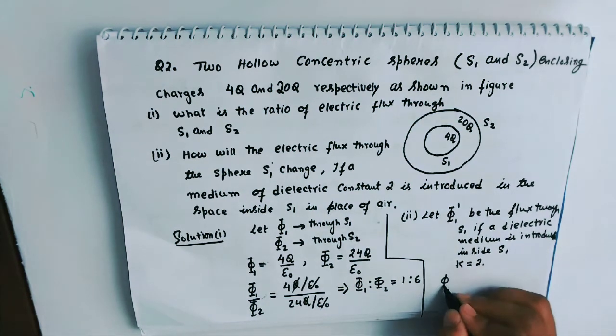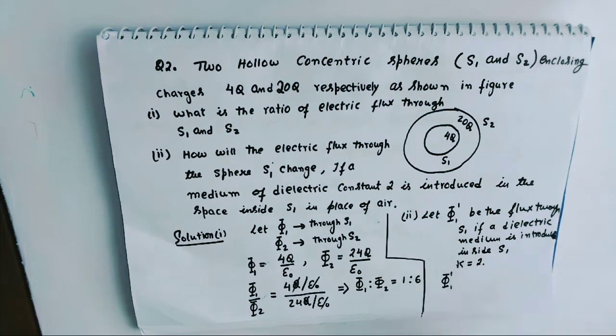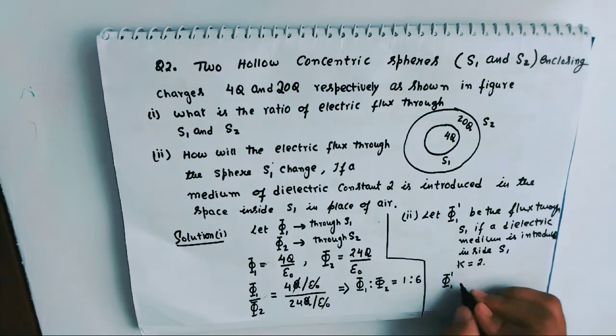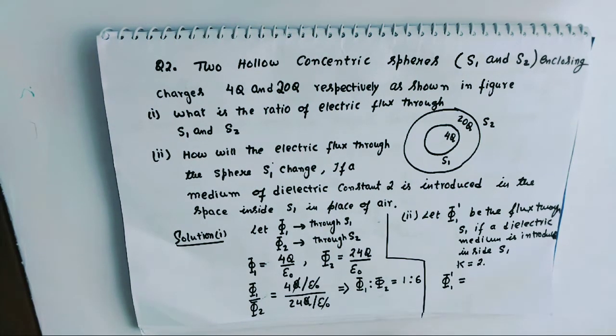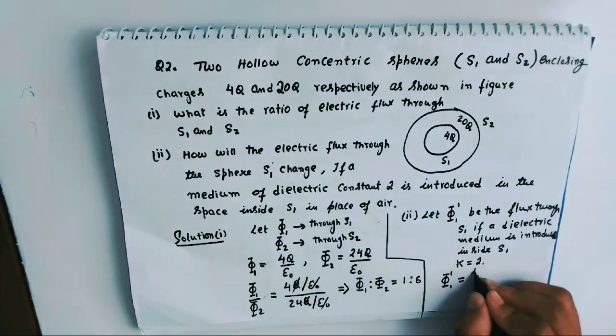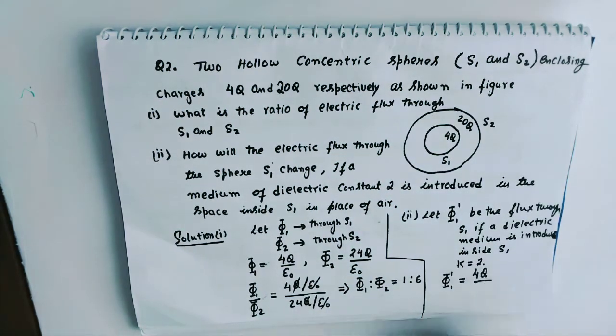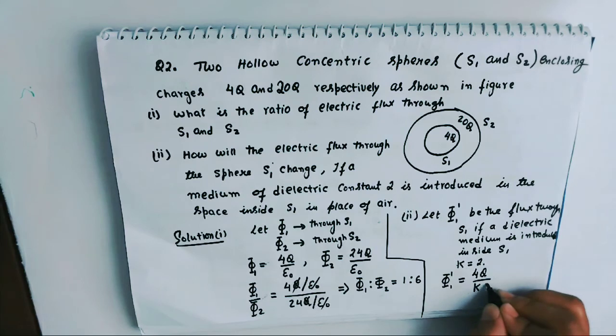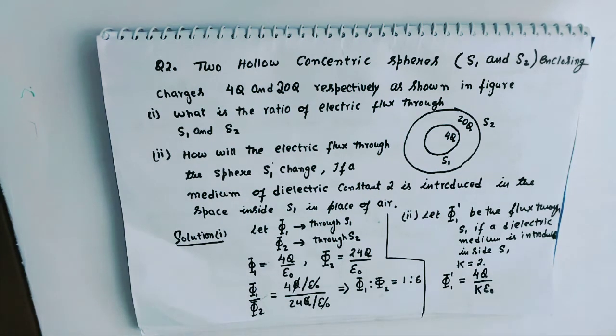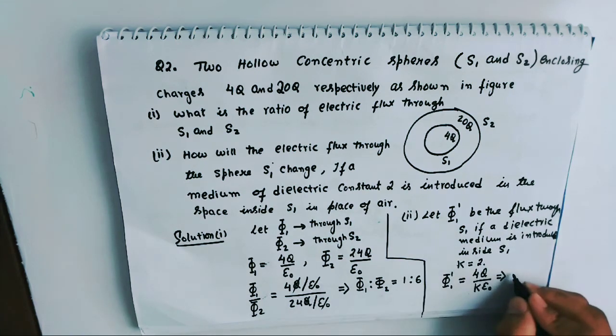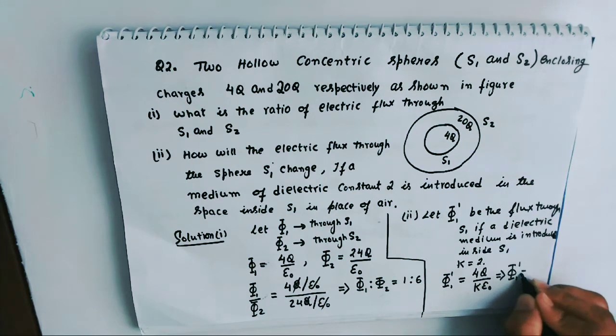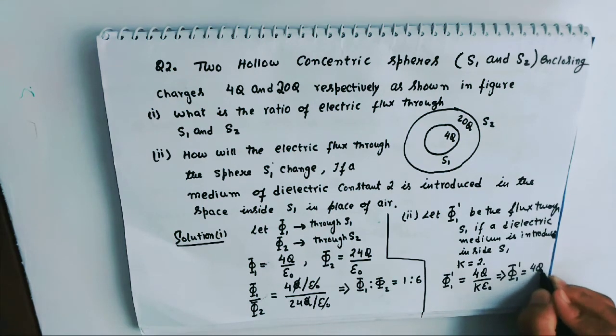So what is phi 1 dash? So phi 1 dash is equal to 4q divided by capital K epsilon naught. So this implies that phi 1 dash equals 4q.